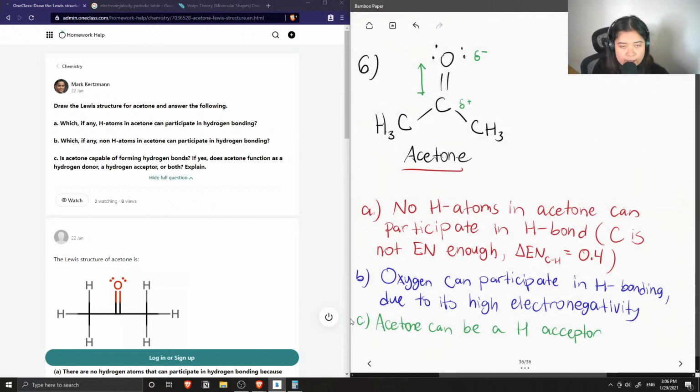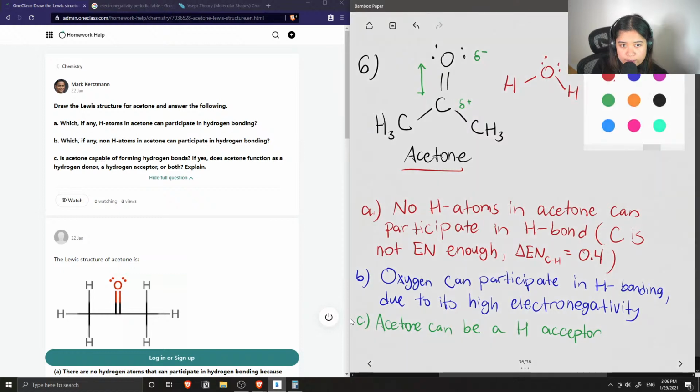So when acetone is exposed to other polar molecules such as water, let me draw water here. Similarly, water is a polar molecule, so there's going to be a net dipole moment going towards the oxygen, making this side partially negative and the sides with the hydrogens partially positive.